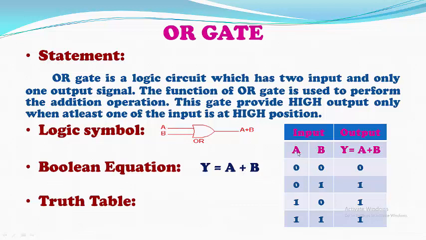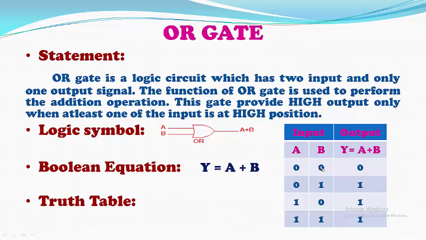So for the input column we have considered A and B, and for the output column we have considered Y equal to A plus B. Now we have to apply the binary values 0, 0, 0, 1, 1, 0, 1, 1. These are the four ways in which we can apply these binary values. And now we have to find out the binary output of this OR gate. So we have to take the addition of these two binary digits.